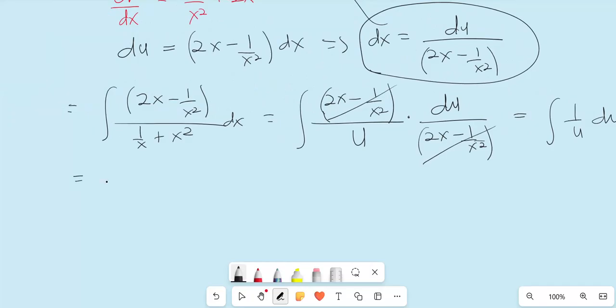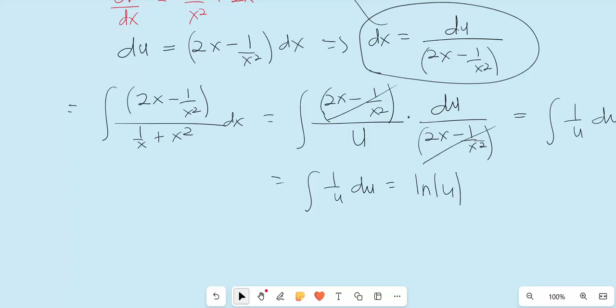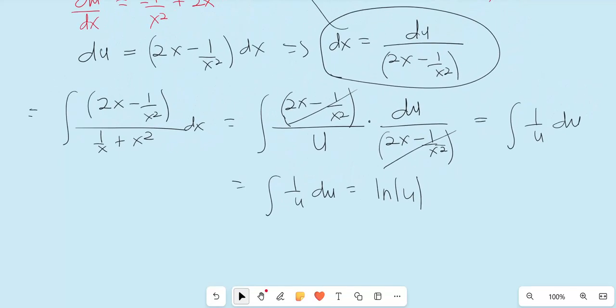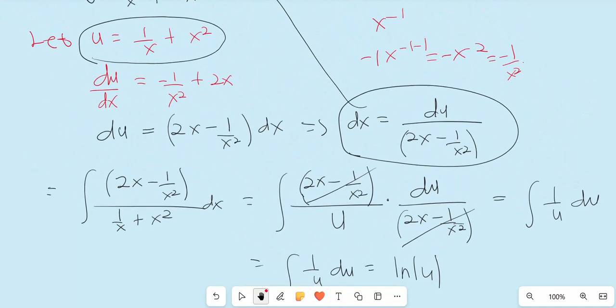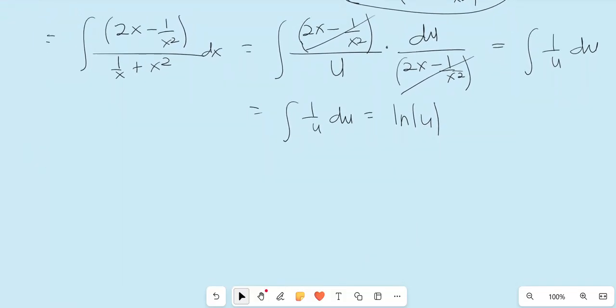So this integral now evaluates to the integral of 1 over u du, which is the natural logarithm of the absolute value of u. But we plug back our u. u was 1 over x plus x squared. So we know from our u sub that u was equal to 1 over x plus x squared.